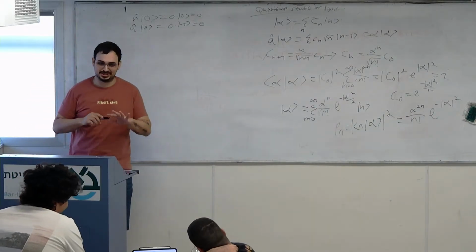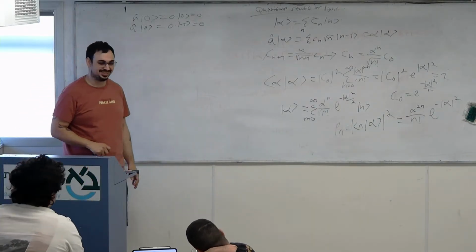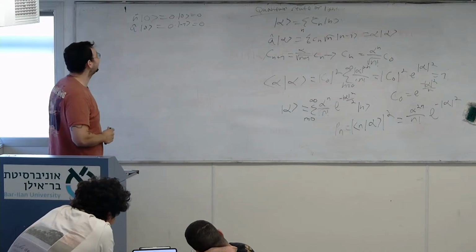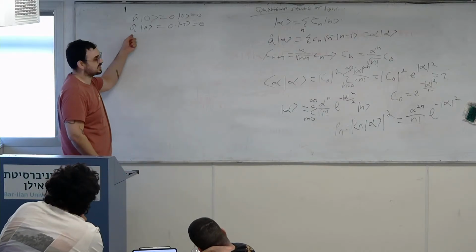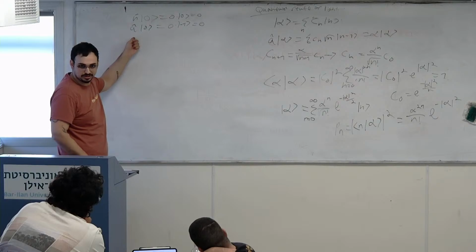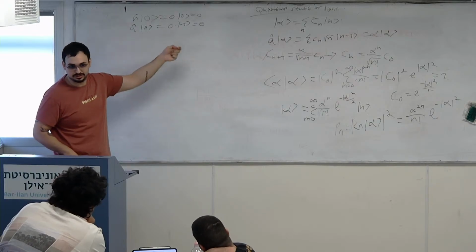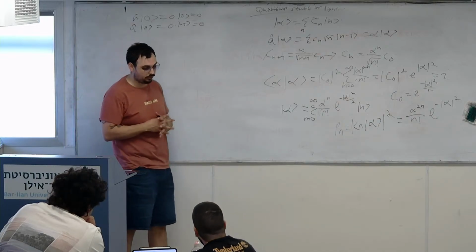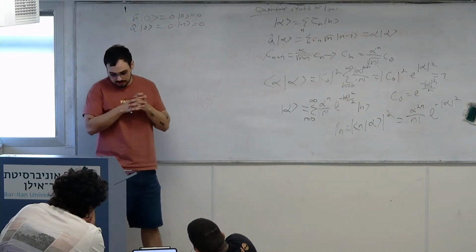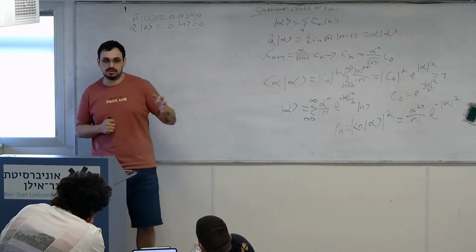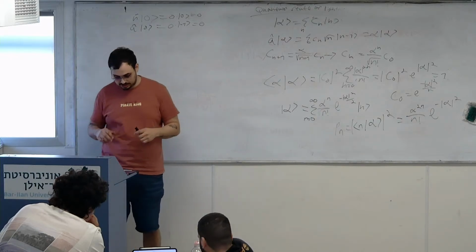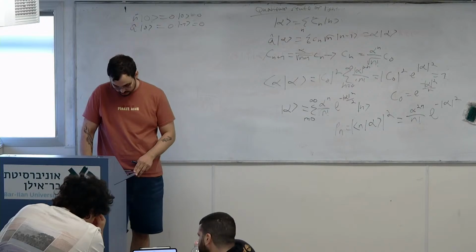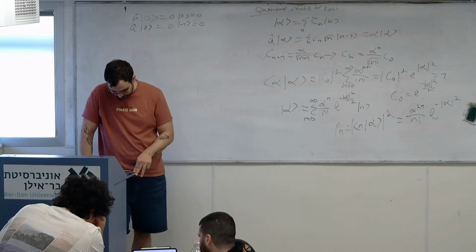There's no really minus 1. Oh, don't kill me. Alright? So it's also an eigenstate of the annihilation operator, again with an eigenvalue of 0. So the 0 state is both a Fock state and a coherent state. Pretty cool.